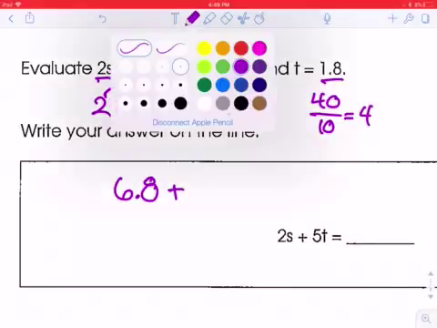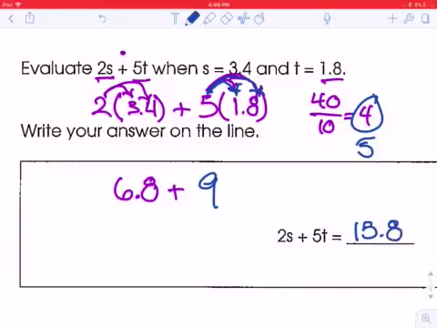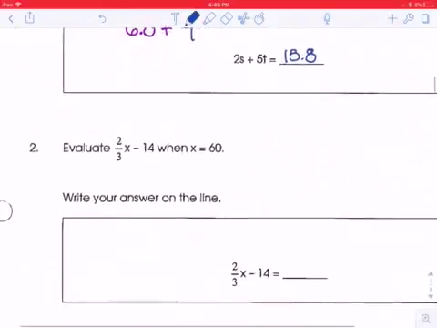So let me do a little color coding here. 5 times 8/10 is 4, and 5 times 1 is 5. So together, that makes 9. So 6 and 8/10 plus 9 would come out to have a value of 15 and 8/10. All right, so that's what it means to evaluate.